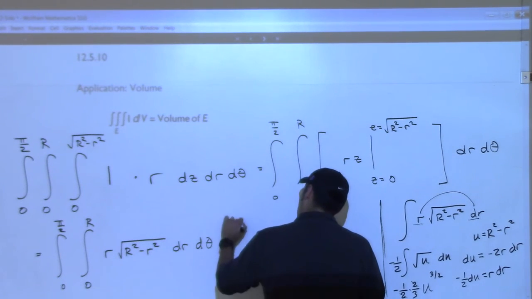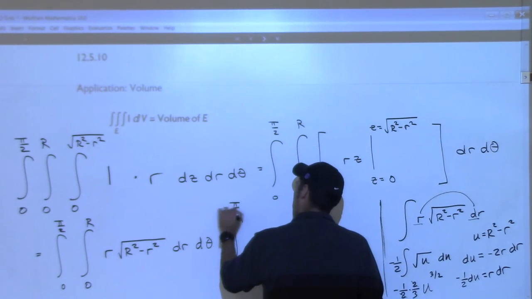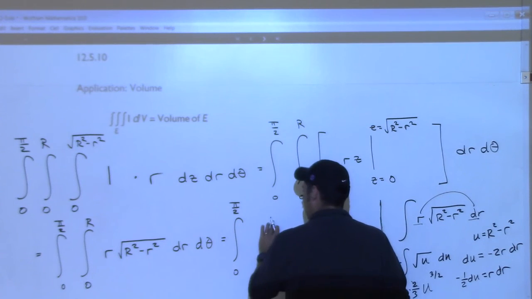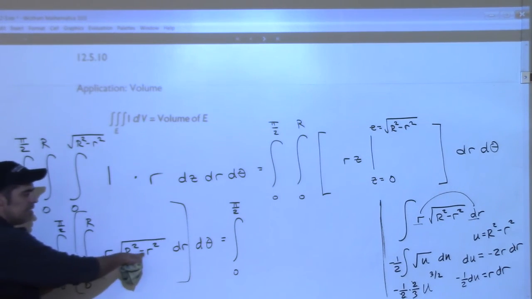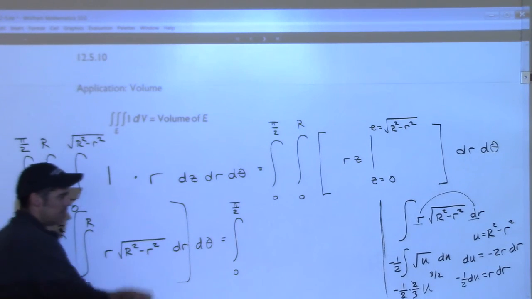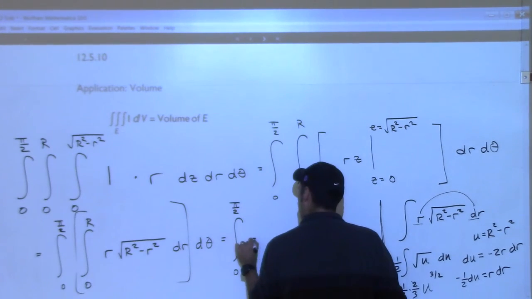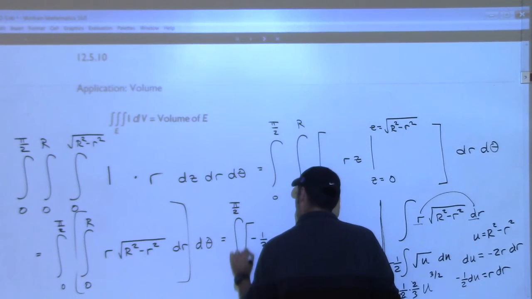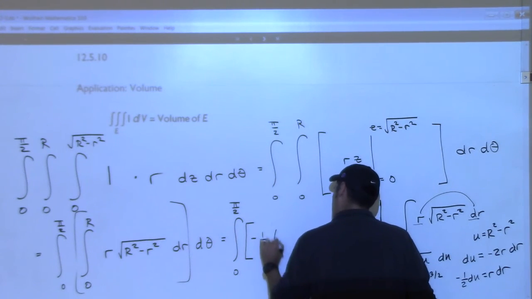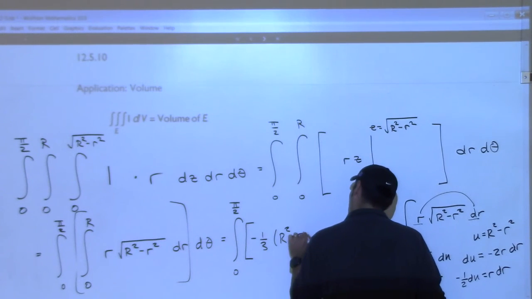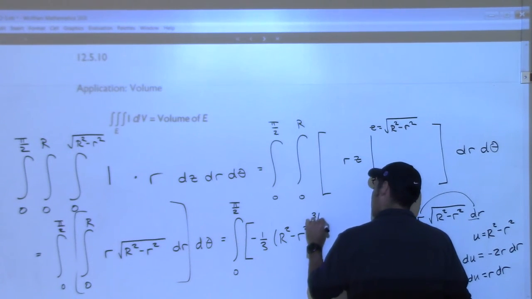So doing the integral from 0 to pi over 2, I am now doing this piece right here. I found the antiderivative of this. The antiderivative of this is negative 1/3 u, which is capital R squared minus little r squared to the 3/2.